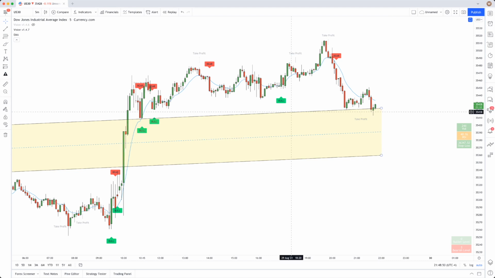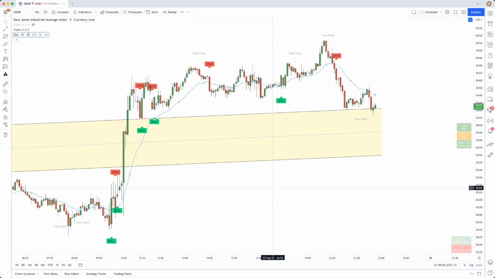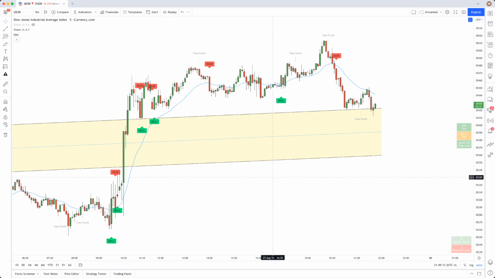But same thing, I like to use the 20 a lot, which I highly suggest having on your chart, not just with US 30. I've been looking at it with a lot of other stuff, and the 20 really seems popular. But for me, again, I've been kicking it up 1 point. So I'm putting it on 21 instead of 20, just so I get that one extra candle of confirmation.